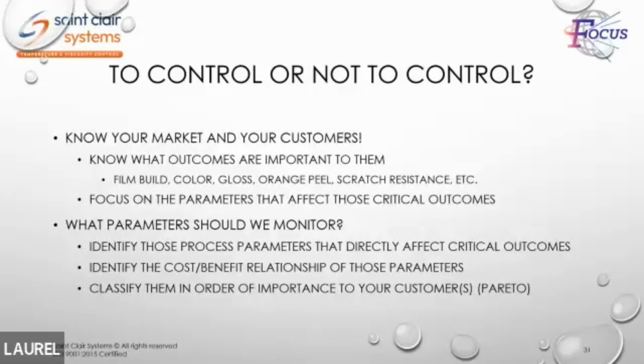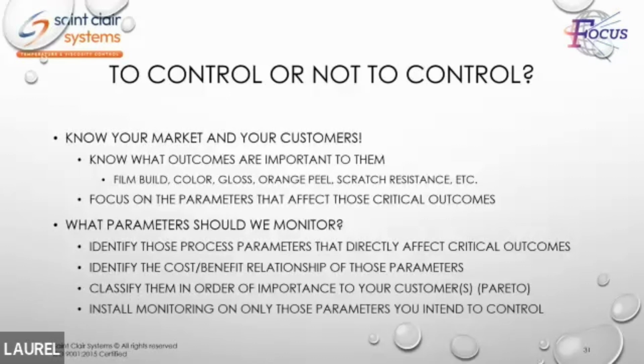Create a Pareto. And then install monitoring only on those parameters that you intend to control. Because why would you monitor parameters and pay to store that data if you have no intention of affecting it?